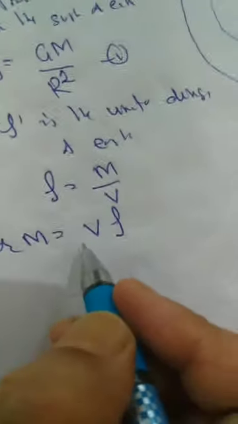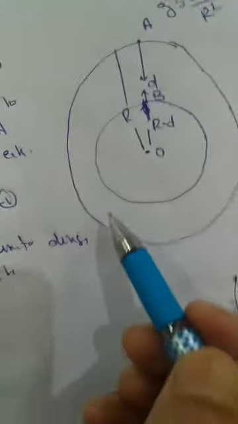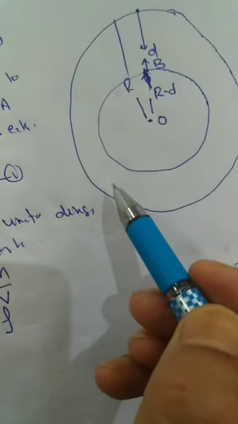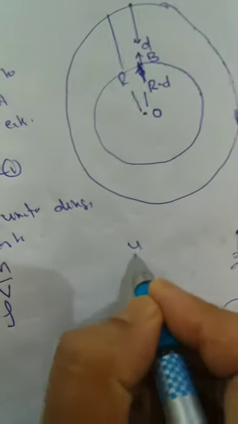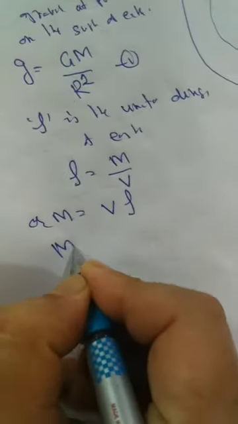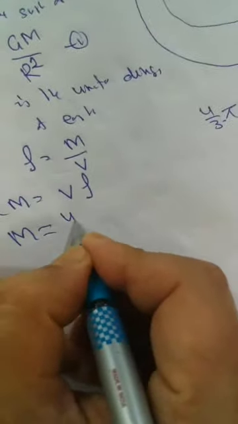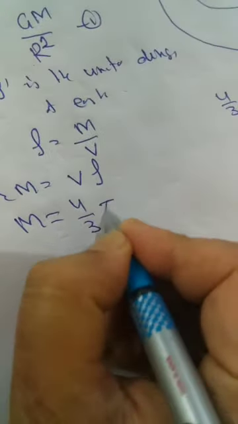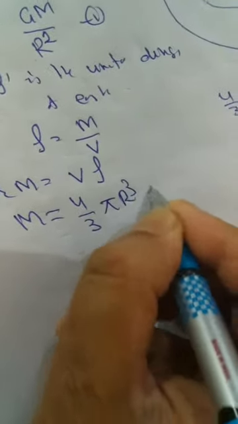The earth is spherical, and the volume of a sphere is 4 by 3 pi r cube, where r is the radius. So the mass of earth is 4 by 3 pi r cube rho.